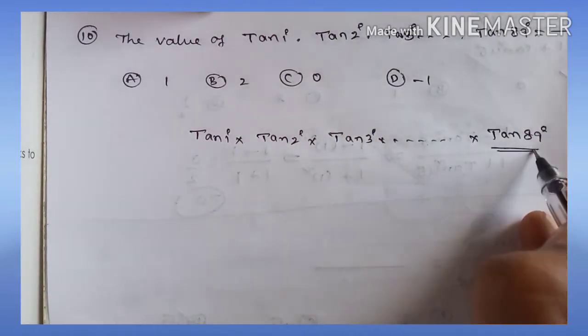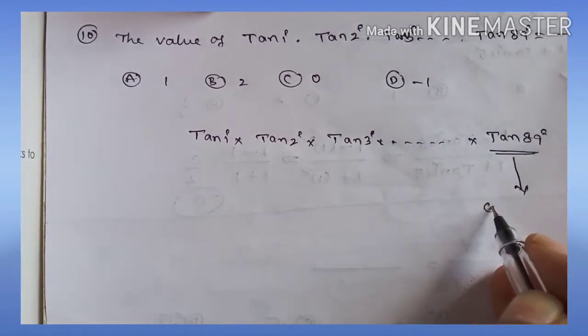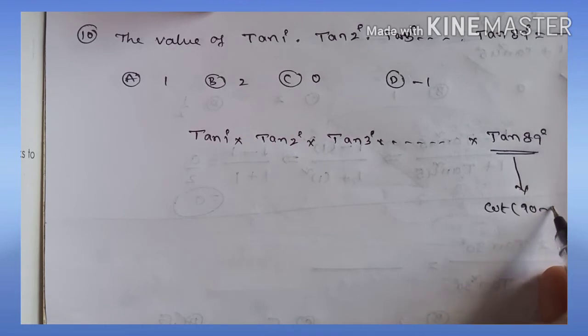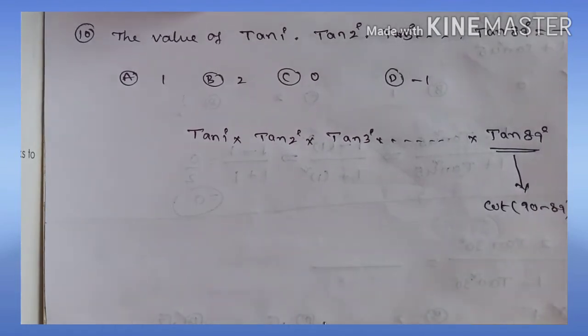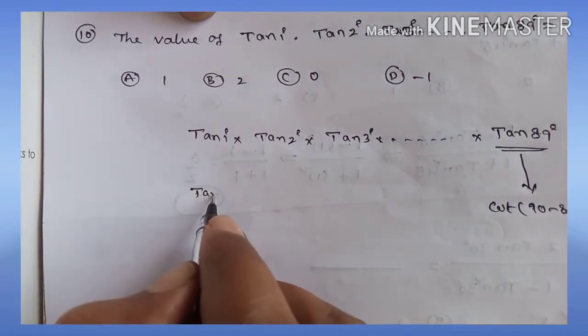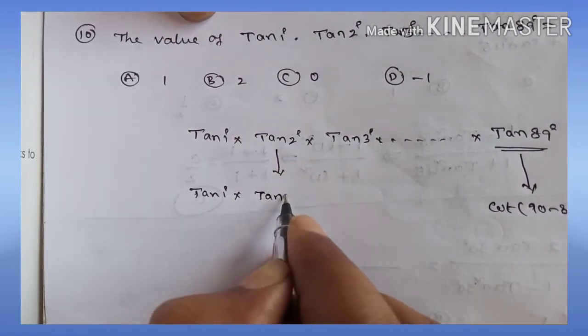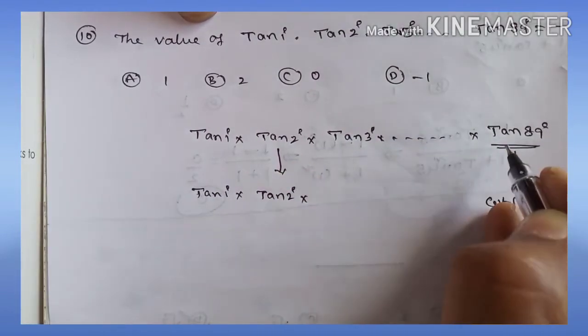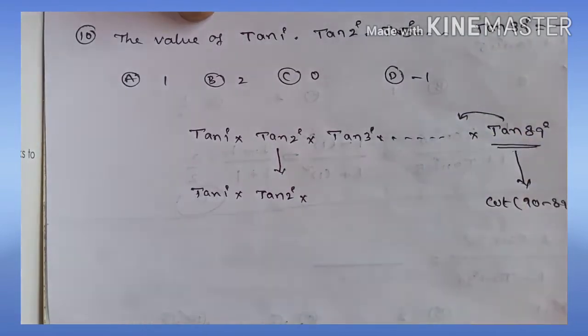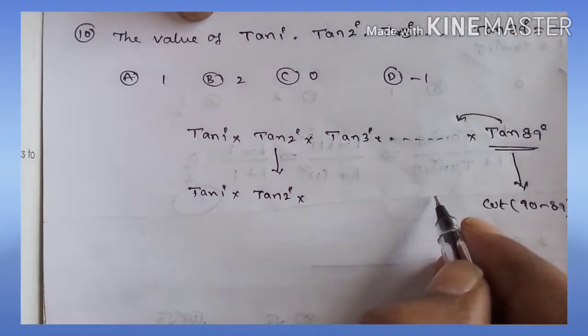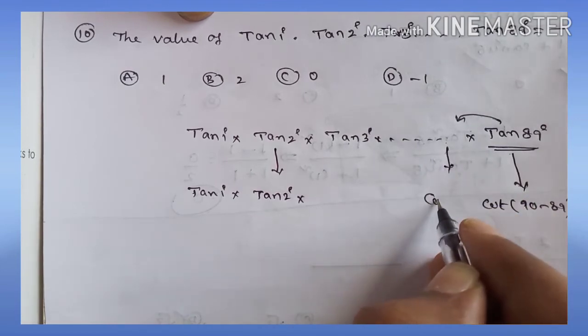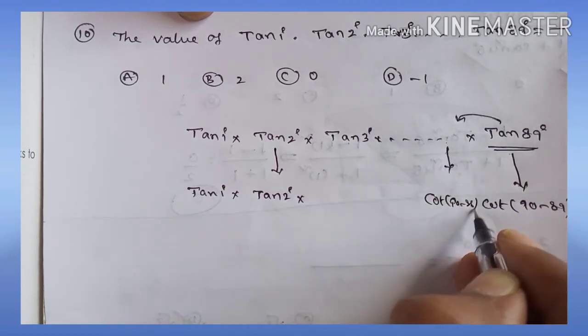This tan 89 we can convert in terms of cot, angle will be 90 minus 89. Here the first term again same tan 1, and second term is tan 2 is again same, and its last term definitely before the term is tan 88. So that 88 we can convert as cot 90 minus 88.